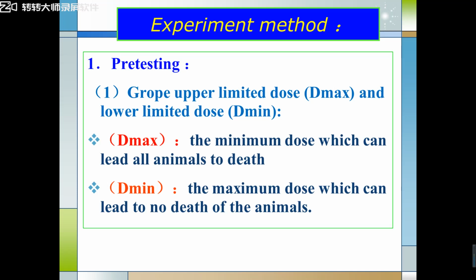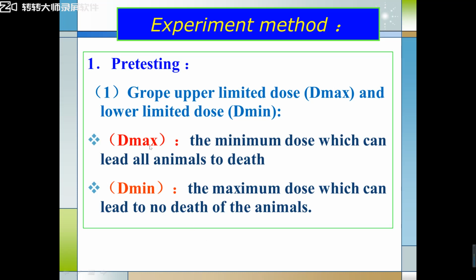What's the meaning of Dmin? That means the maximum dose which can lead to no death of the animals. Students, if we use this dose, the death rate is 0%, because, as explained, it is the maximal dose which leads to no death. So the death rate is 0%.